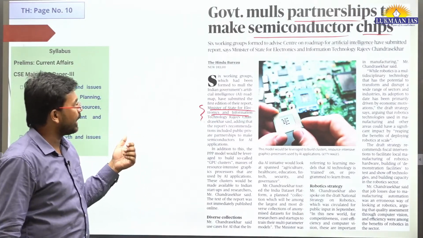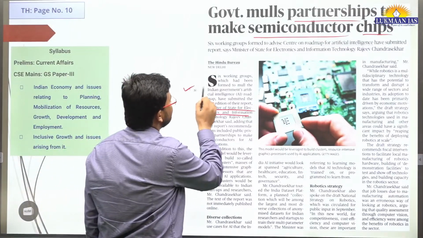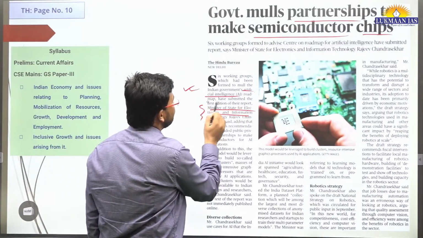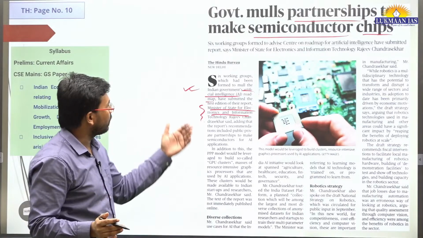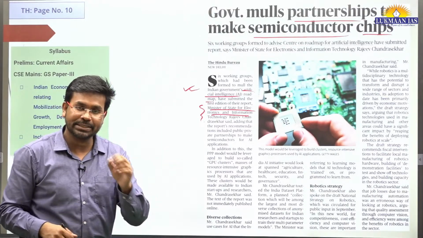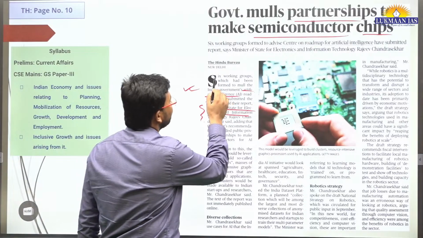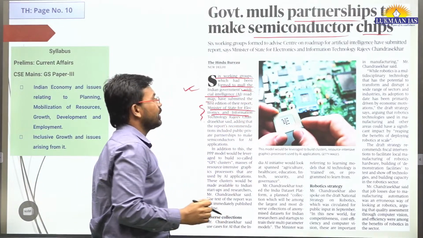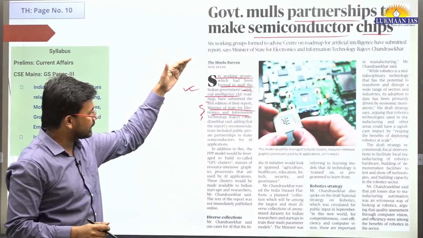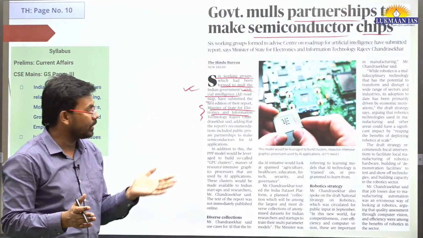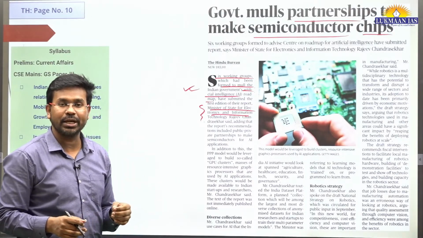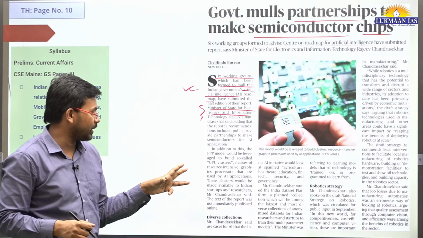In this article, they have talked about the Indian government's initiative related to the artificial intelligence roadmap. Six working groups have been established by the Government of India, which created a draft report that has been shared with the Ministry of Electronics and Information Technology.